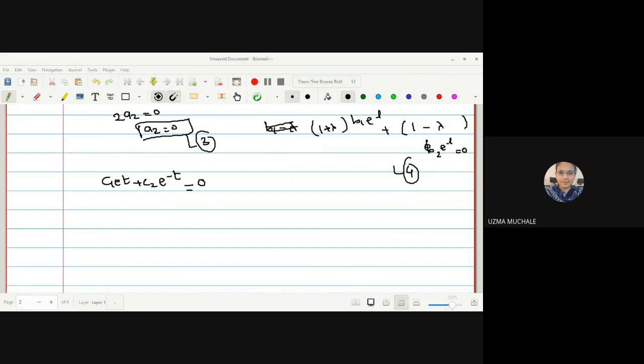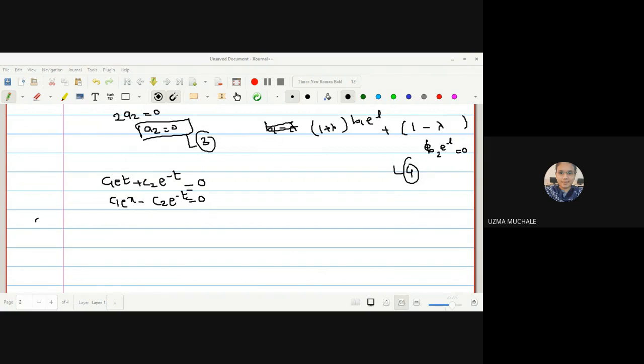The second equation: c1 e raised to t minus c2 e raised to minus t equal to 0. Now we have to evaluate these equations.